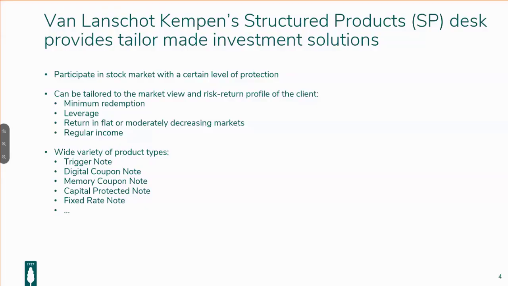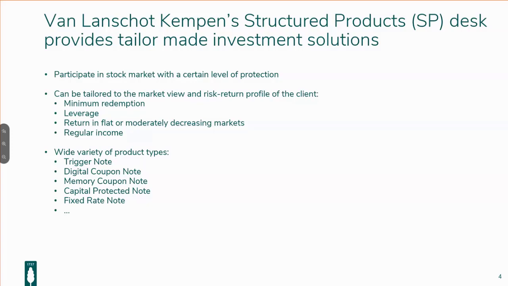So to give you a bit of an introduction on what the structured products, or SP, desk actually does. Structured products are investment solutions that offer our clients the opportunity to participate in the stock market with a certain level of protection. These products can be tailor-made to the market view and the risk-return profile of the client itself.